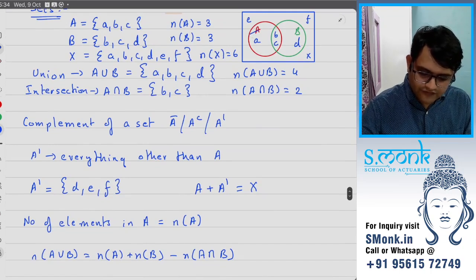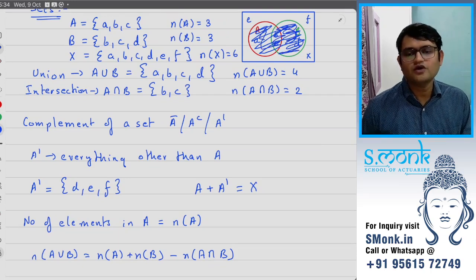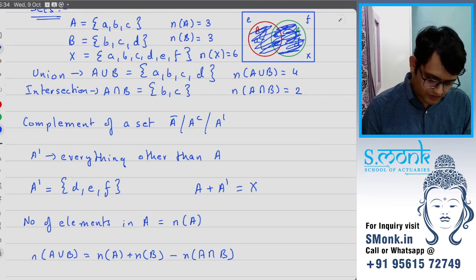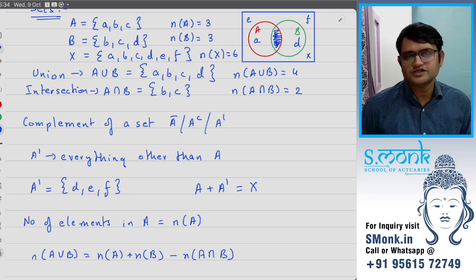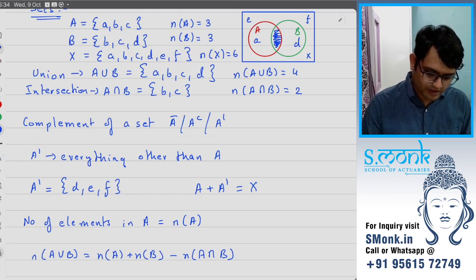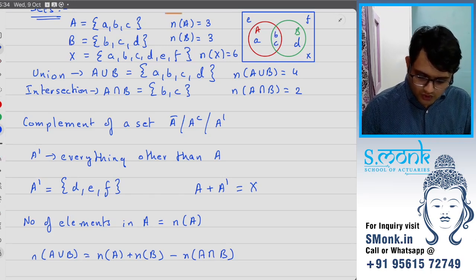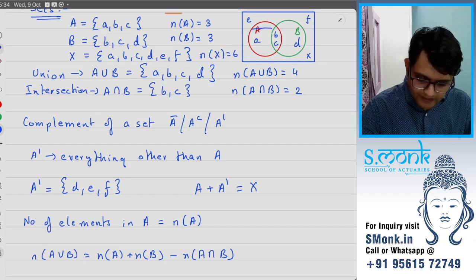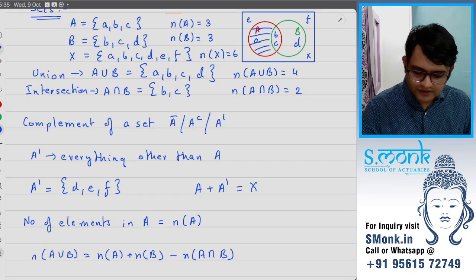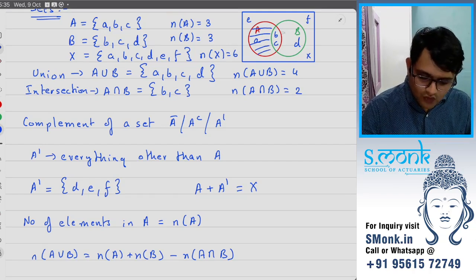Union is nothing but everything, A as well as B. So this whole thing will be the union of A and B. And this is going to be the intersection, that is the common region between A and B. So I can write union in another way. I can have only the A part, that is this one, only the B part, that is this one, and then I can add up the intersection.